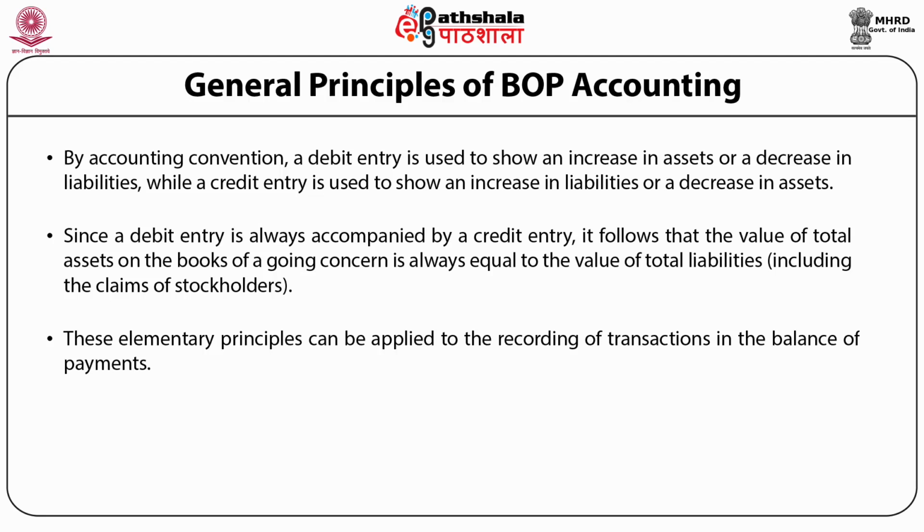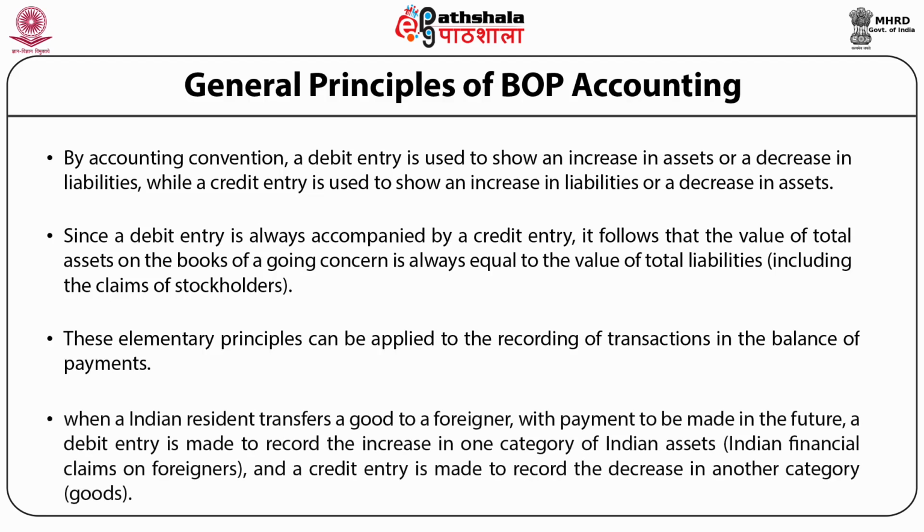For example, when a foreigner gives up an asset to a resident of this country, in return for a promise of future payment, a debit entry is made to show the increase in stock of assets held by Indian residents, and a credit entry is made to show the increase in Indian liabilities to foreigners, that is, in foreign claims on Indian residents.